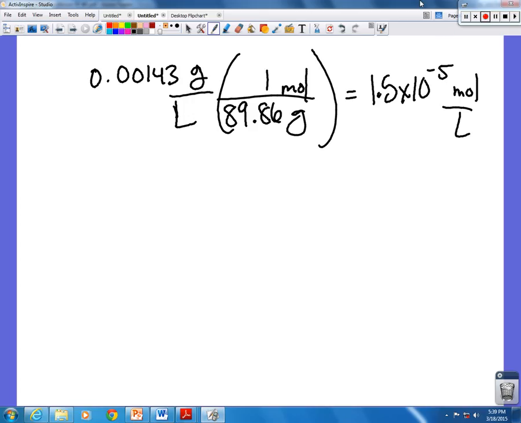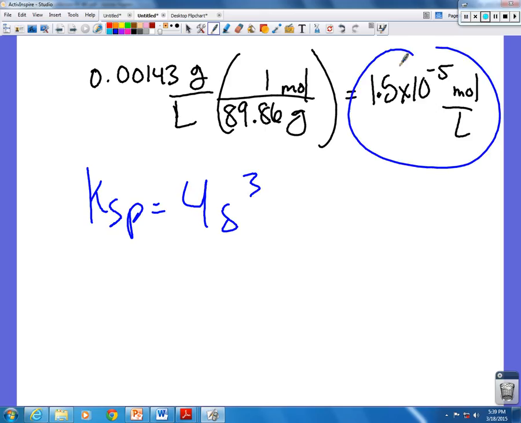So now we take this, and we plug it into KSP equals 4S cubed. Take this number, plug it in right there. Seth, can you cube that and then multiply it times 4 for me? 1.6 times 10 to the negative 14.